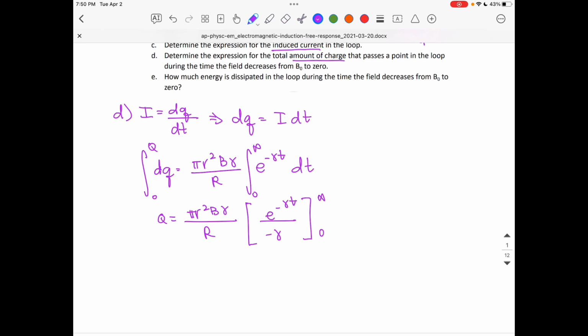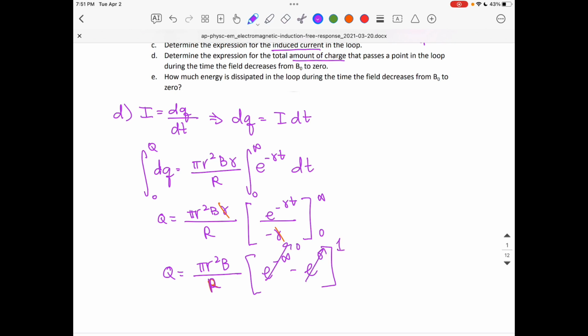take our limit. So I've got pi r squared B gamma over, let's erase the gamma because that cancels out. And all we have in the denominator is R. And then the other thing we want to do is take the limit as e approaches negative infinity minus e approaches 0. That goes to 0.